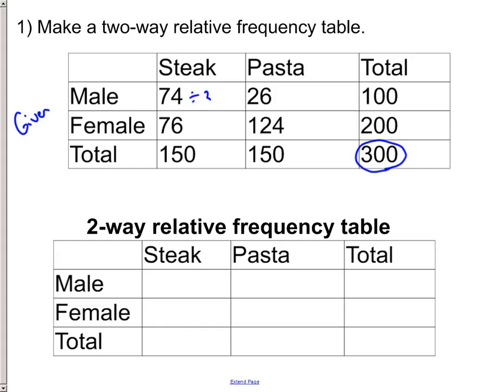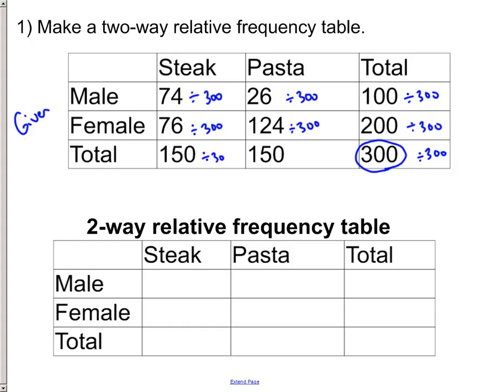So 74 divided by 300, 26 divided by 300, 100 divided by 300, 76 divided by 300. Every single one of these numbers is going to be divided. Even this number right here will be divided by itself. And that's pretty easy.